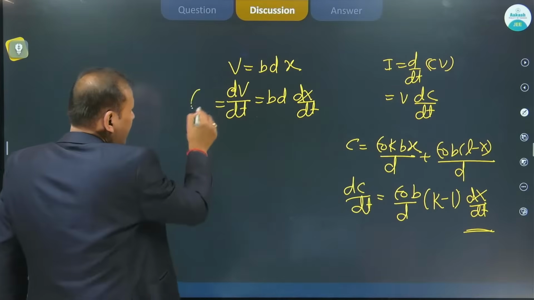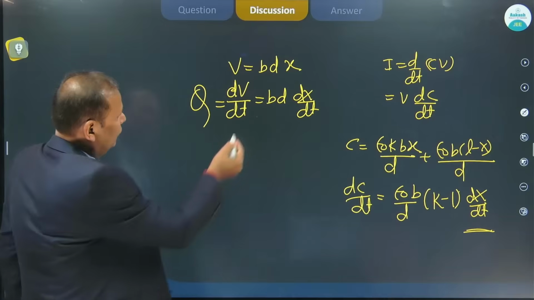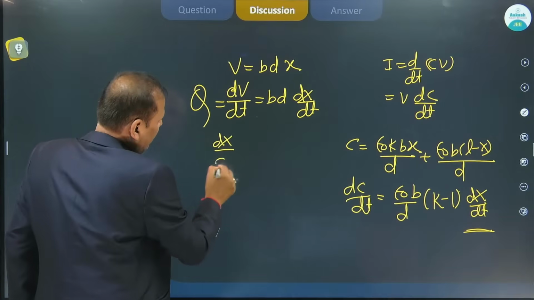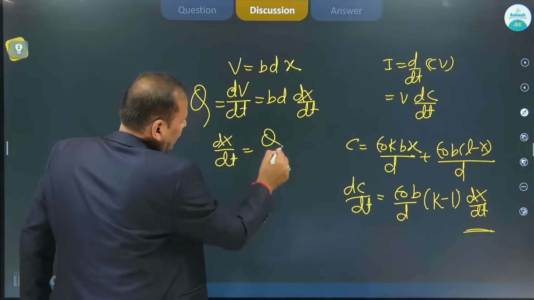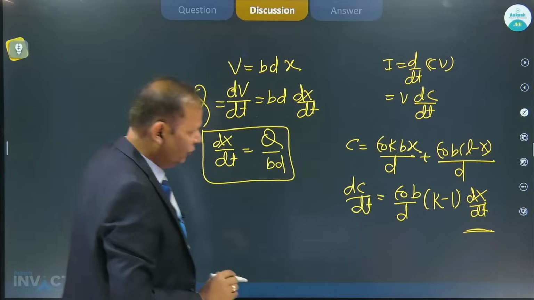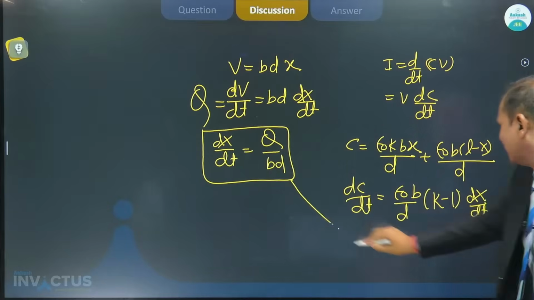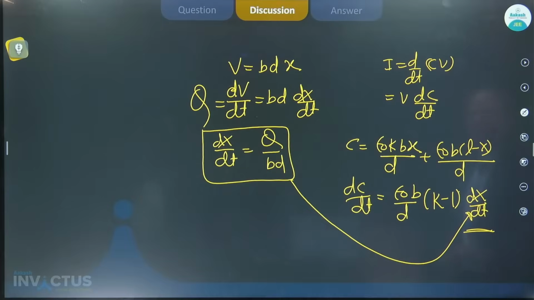And this is the given Q, the rate of inflow is Q. So dx by dt is equal to Q by Bd. Just take this value and put it here, and finally take this dC by dt and put it here. You can find the answer.